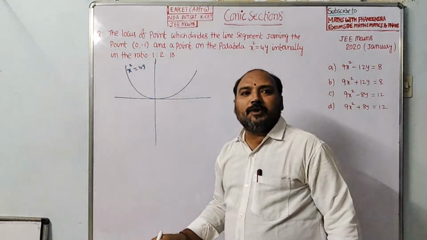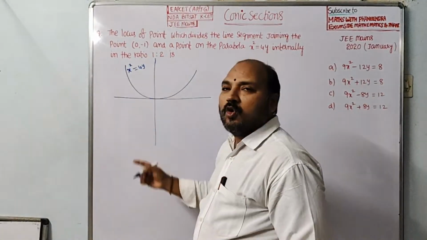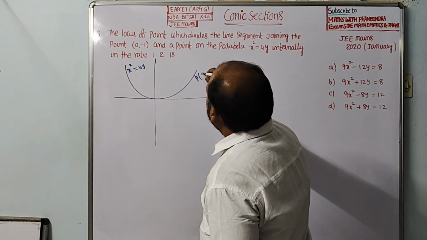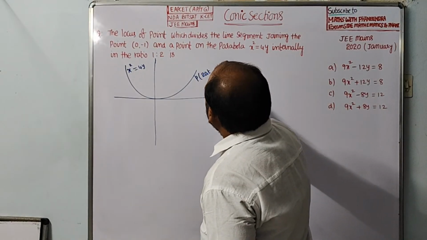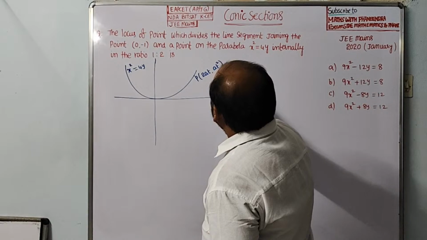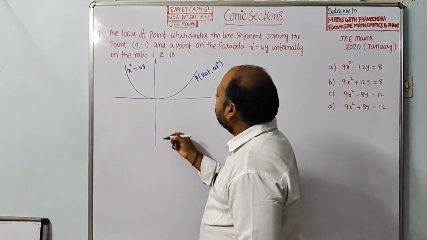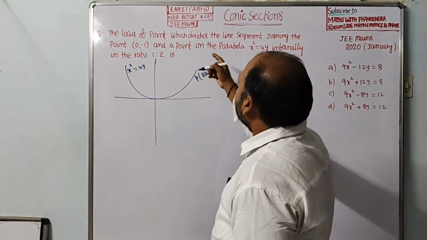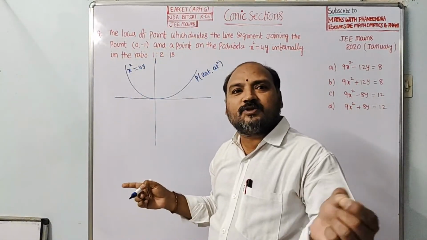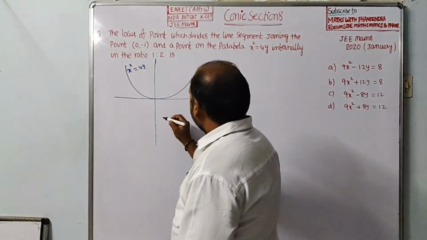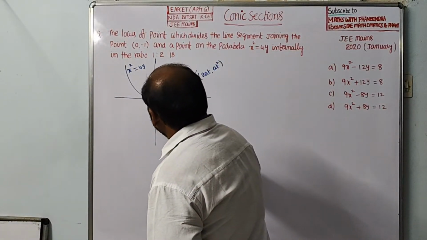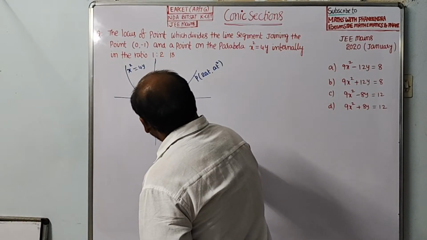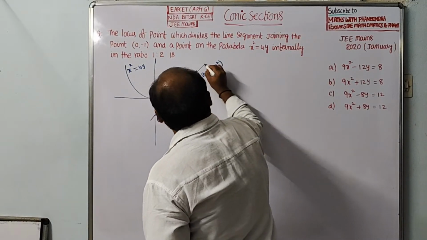What is the general point on the parabola x square equal to 4y? The parametric point I am taking here is (2at, at square). This is the general point on the parabola. And the given point is (0, -1), which lies on the negative y-axis. So join these two points.